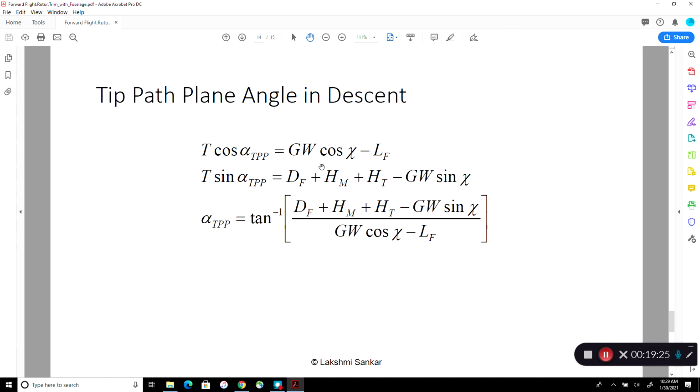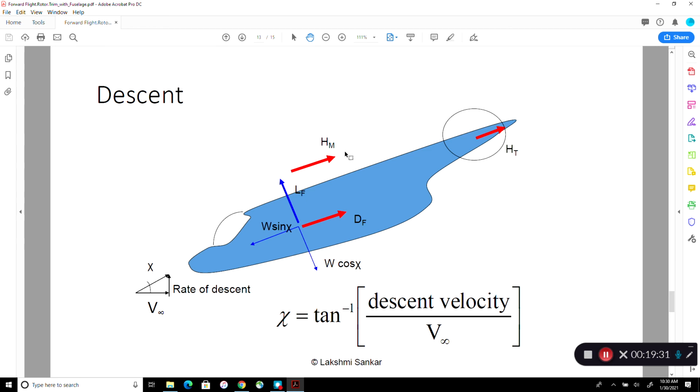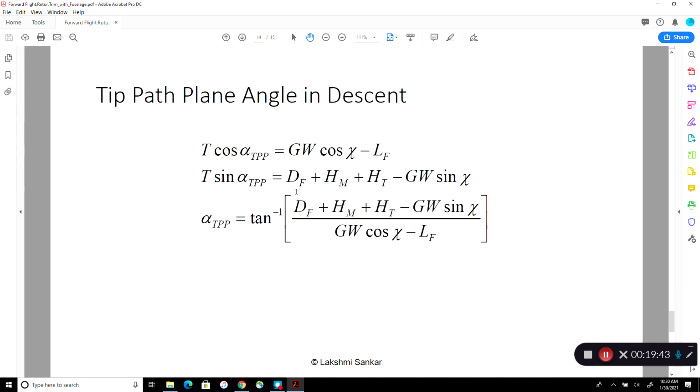In the vertical direction, you have not a full gross weight, but you have a gross weight cosine of chi. Okay, that's balanced by the thrust in this direction times lift force. So the thrust in that direction is T cosine of alpha tip path plane equal to this quantity.